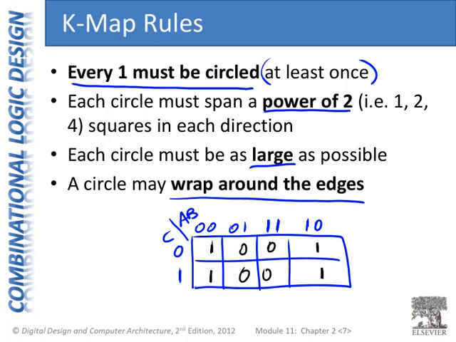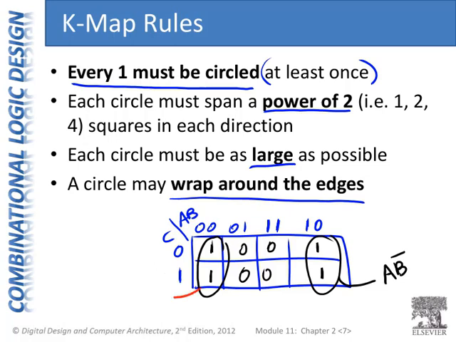And we may immediately, this isn't correct yet, but we may go like this and say, okay, I'm going to circle my power of 2 groups of ones. In this case, I have groups of 2 ones. And then I'd write my implicant for that. This is A and B bar. C has both the true and complement form covered in that circle, so it's not part of the implicant.